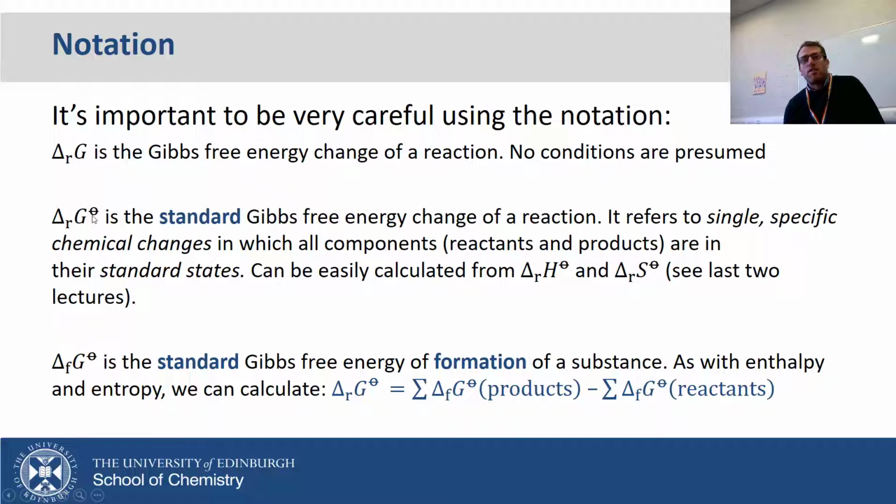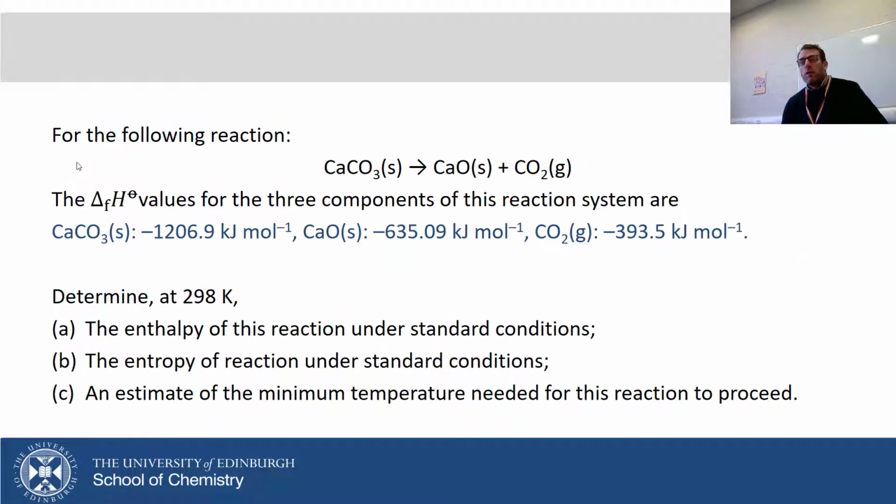We use these standard values and they refer to single specific chemical states where everything is in its standard state. We saw that we can easily calculate delta H and delta S, but that will give us delta G under standard states. So we need a way of relating these standard states to our actual conditions, and I'll come back to that in a moment. But nevertheless, we can do lots of simple calculations.